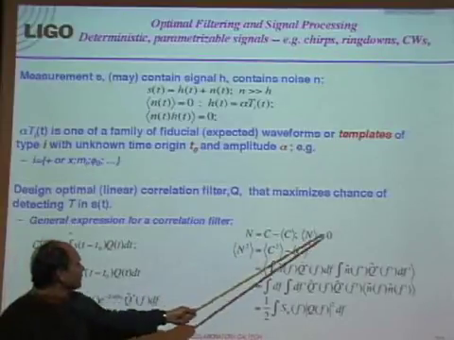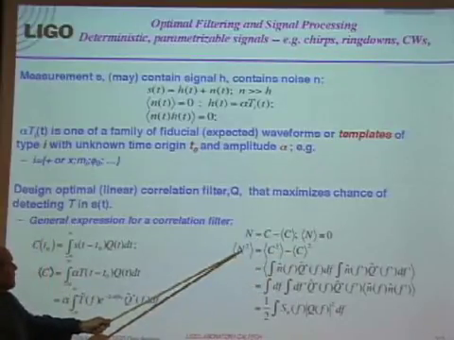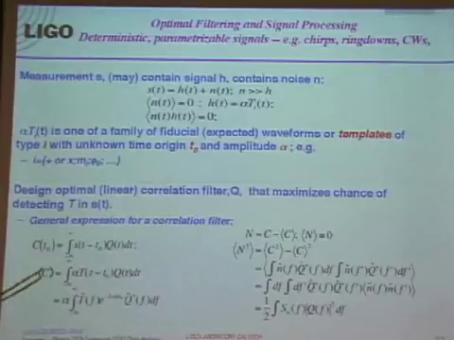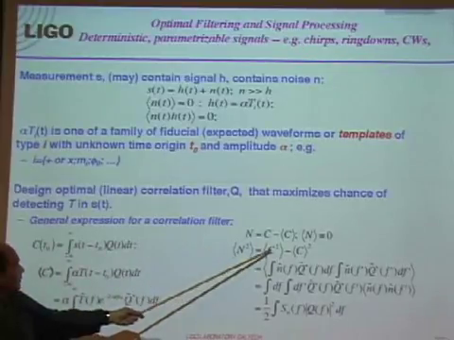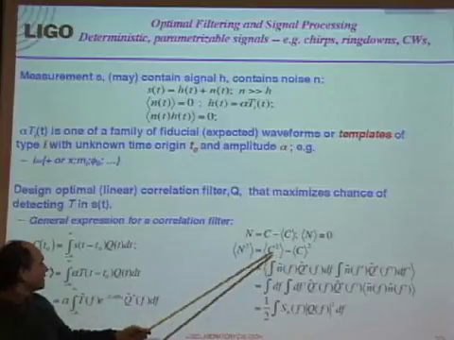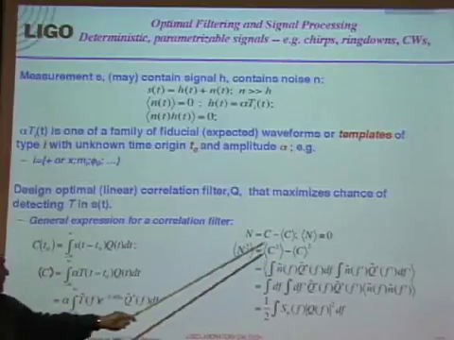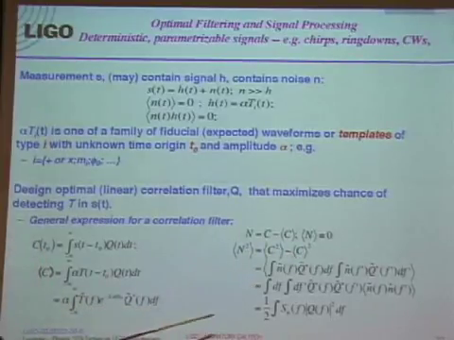Since the noise is zero mean, the deviation in the signal corresponds to the variance of the noise, which can be represented by the expectation value of c squared minus the expectation value of c, squared.